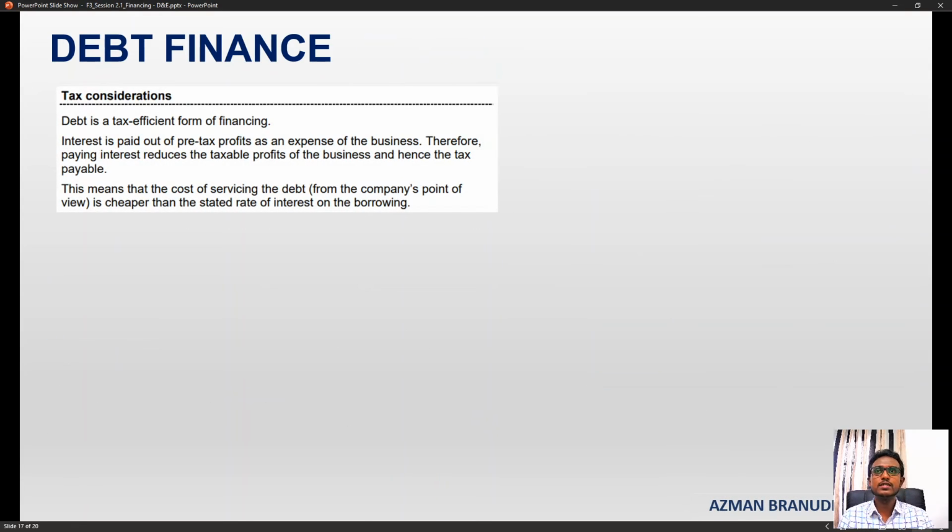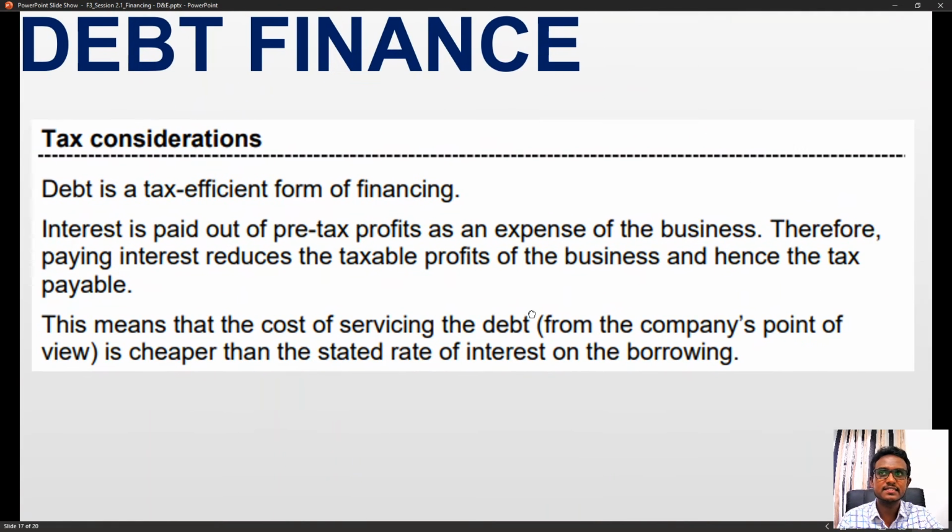That brings me to the key considerations under debt finance. Obviously, the first one is tax consideration, and wonderfully, debt is a tax efficient form of financing because interest is paid out of pre-tax profits as an expense of the business. Therefore, paying interest reduces the taxable profits of the business and hence the tax payable.